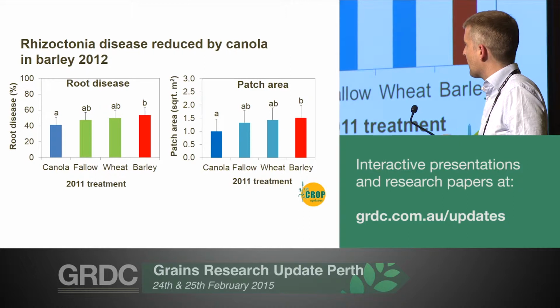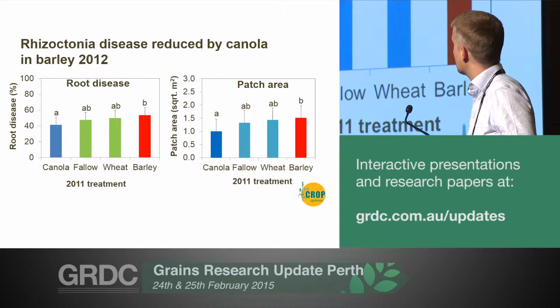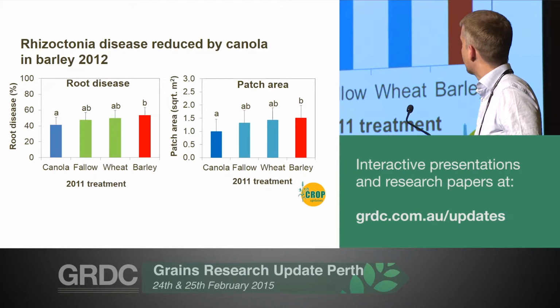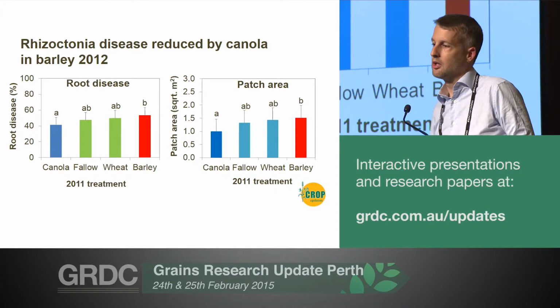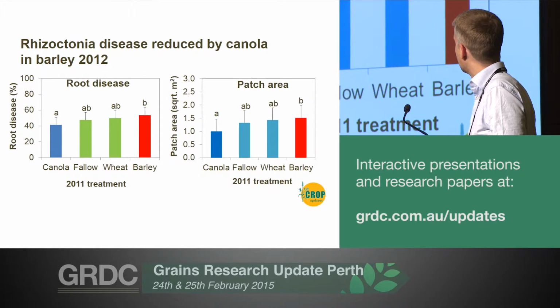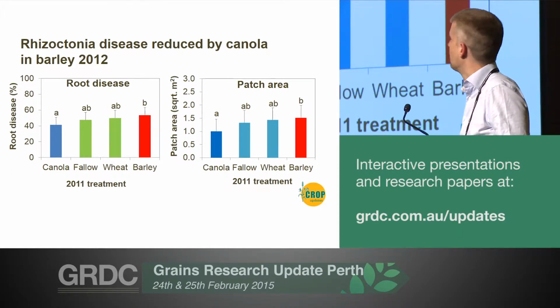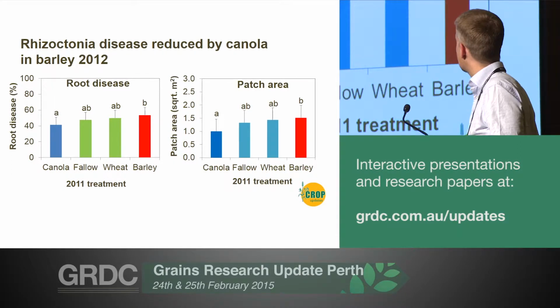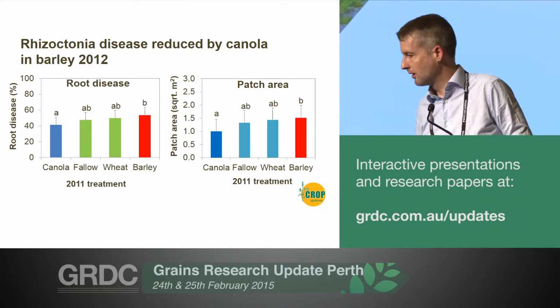Fallow I was anticipating also, but we did have some wheat issues there, so I suspect that is why it's sitting in with the wheat, but I would expect it to sit with the canola based on the inoculum levels we saw. The other thing is we looked at the patch as well and did a patch assessment, and again you can see the canola plots had significantly lower levels of patches than in the barley plots. So it does have an impact on your disease.